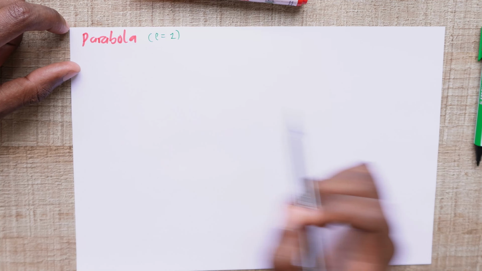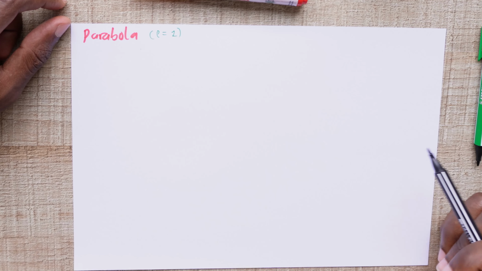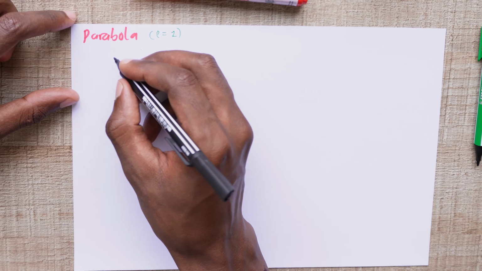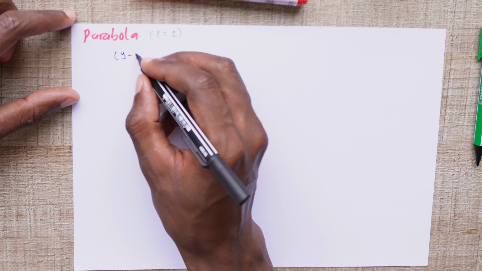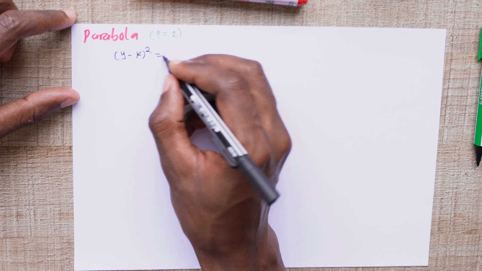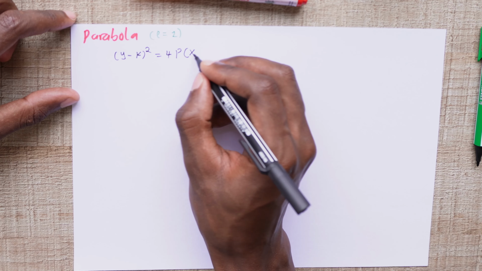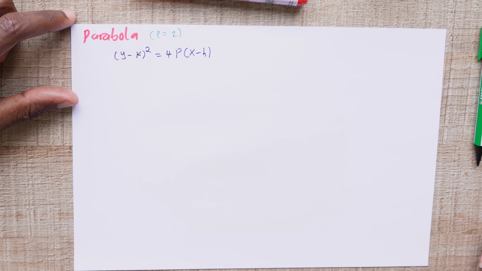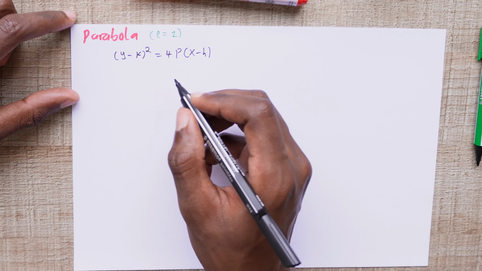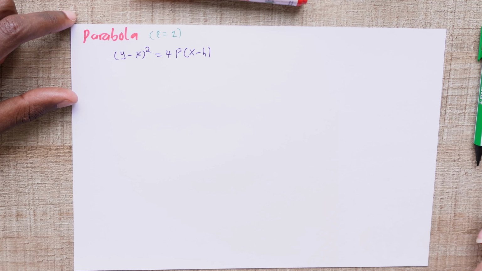It would simply be a set of points which move in the plane in such a way that the ratio of the distance from a fixed point, known as a focus, to a fixed line, known as a directrix, is 1. As easy as that. So the Cartesian equation is given by y minus k squared, so we assume we have a center h, k, equals 4p times x minus h. So p here represents a parameter, which is the distance from the vertex to the focus.